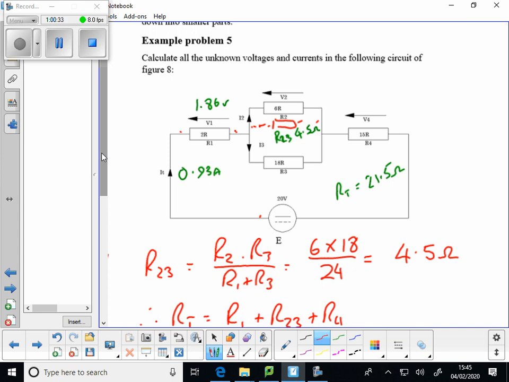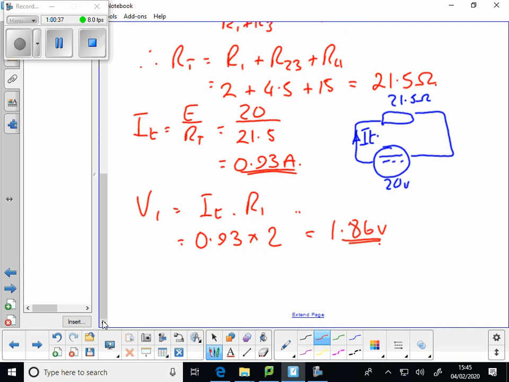Yes, that'll give you the voltage. That's what I'm saying. So we can do V2 is equal to IT times R23, sorry, the combination of those two resistors in parallel, because all of that current has to go through that.